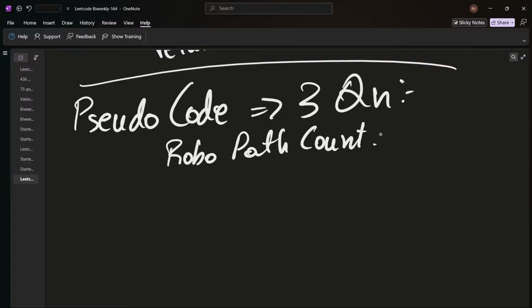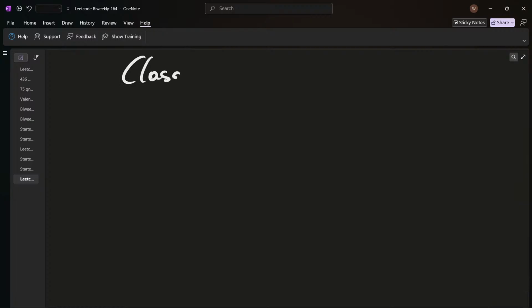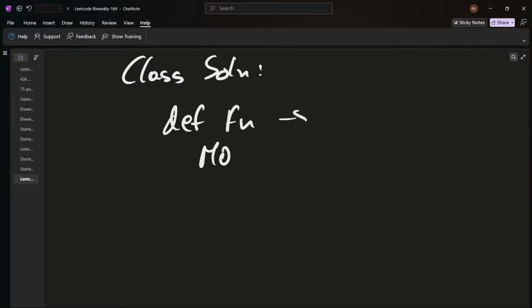Now, quickly going on. DP 2D, you all know how to initialize. Class Solution. Define a function, whatever it is. And then we'll take the mod value. Mod is equal to 10 raised to 9 plus 7.